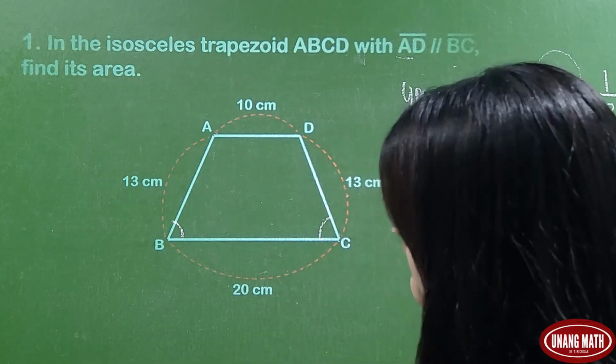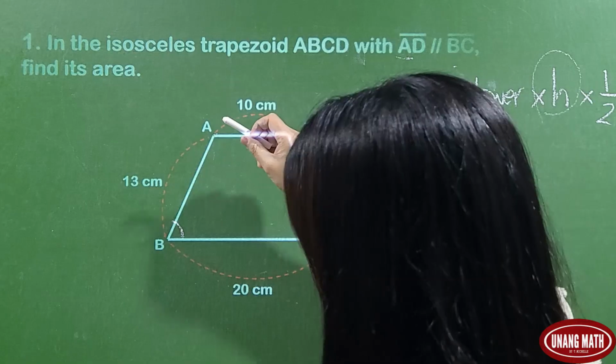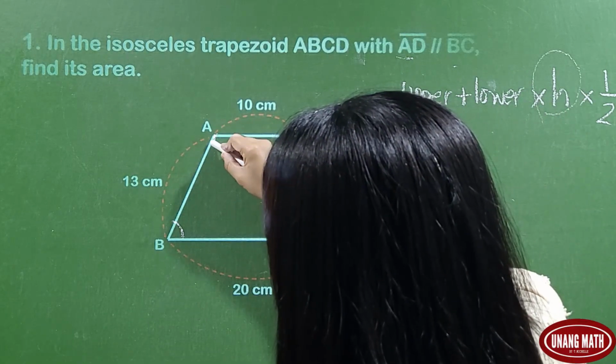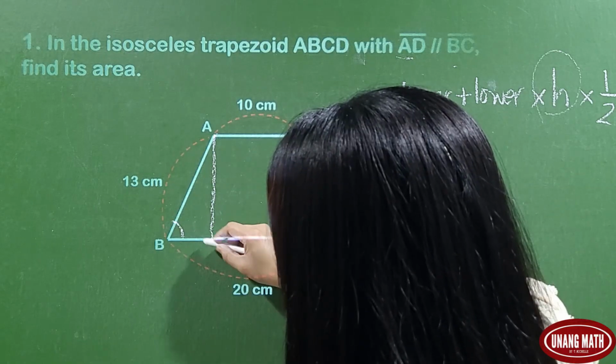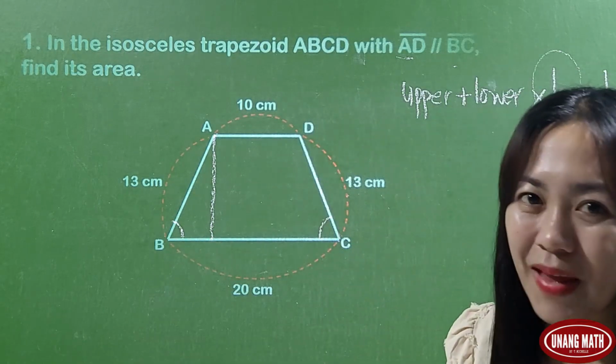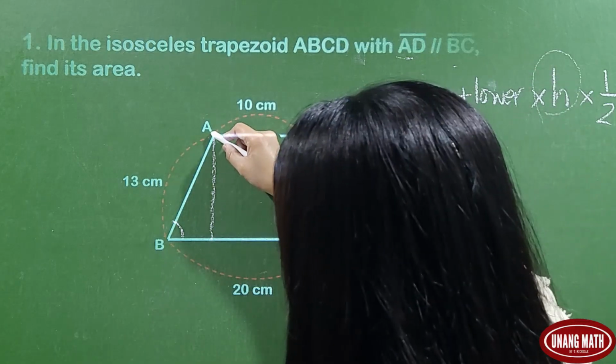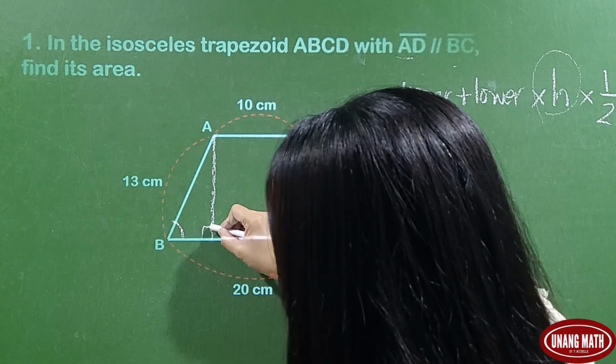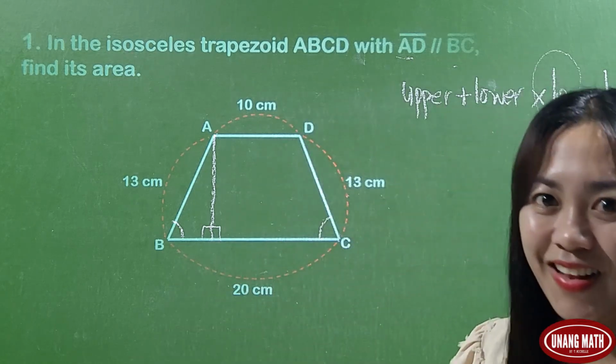Okay, the first auxiliary line that we are going to draw is from this point perpendicular to this segment BC. So, if this is perpendicular, then that means this is 90 degrees. This is also 90 degrees.